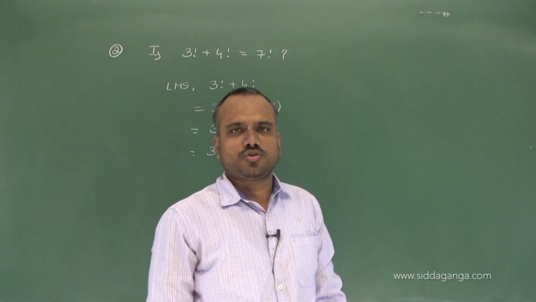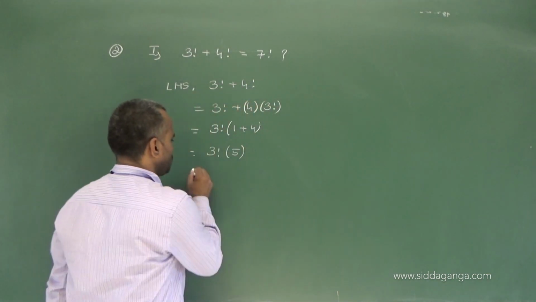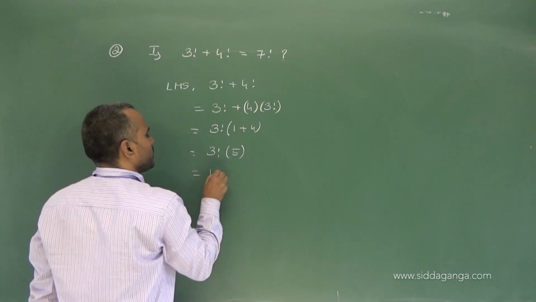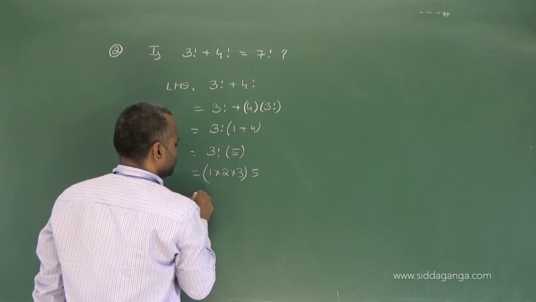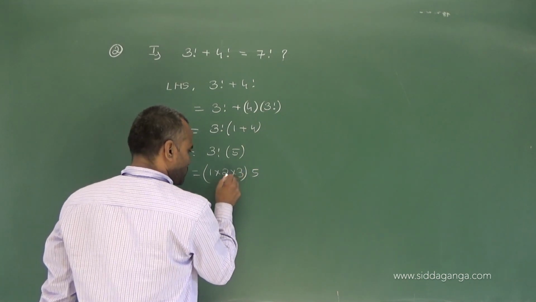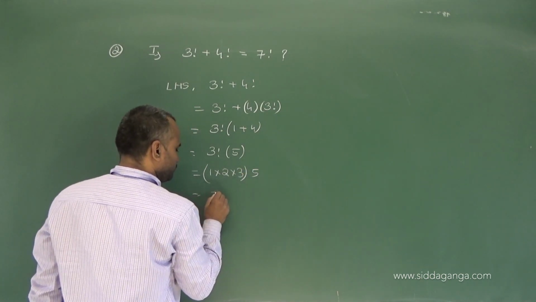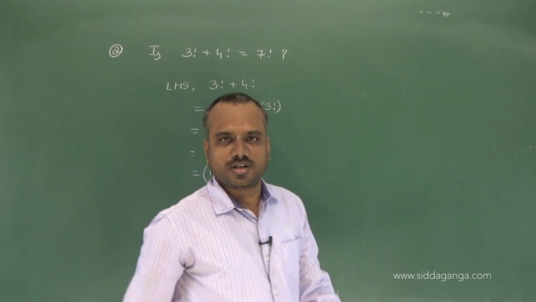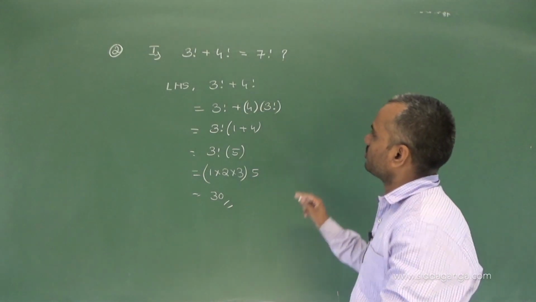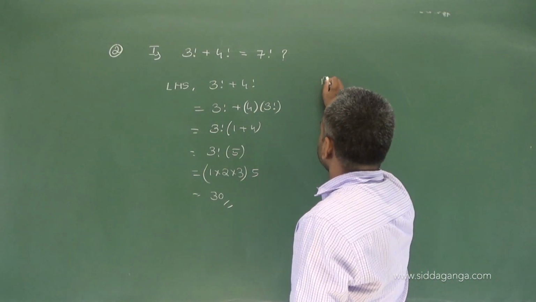So 3 factorial is 1 into 2 into 3, 6, into 5, 30. The LHS is 30.